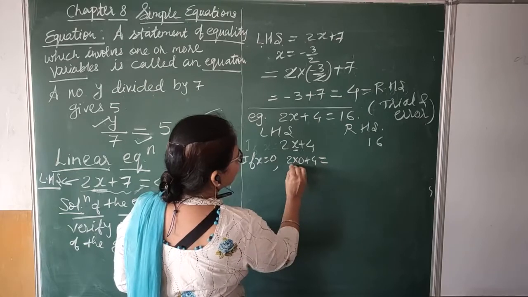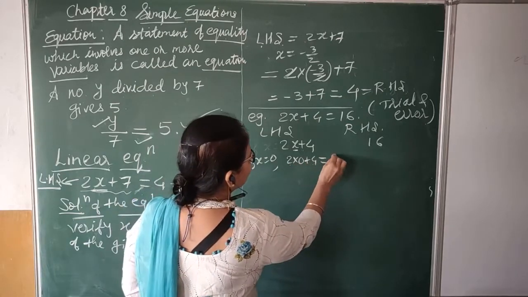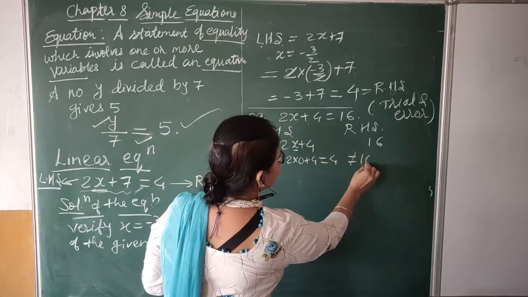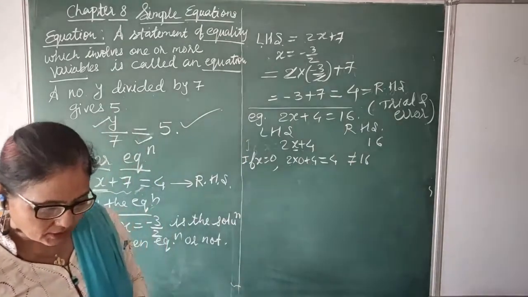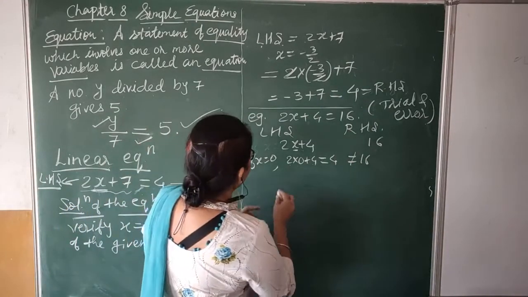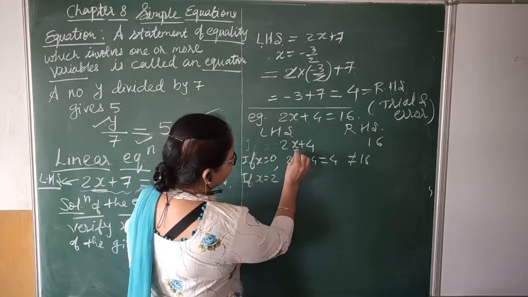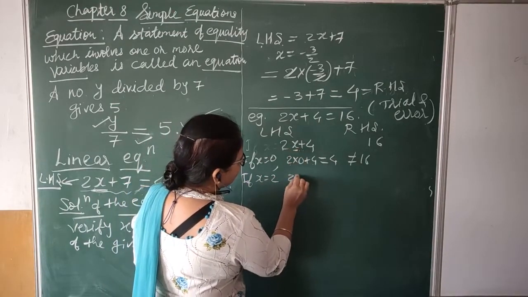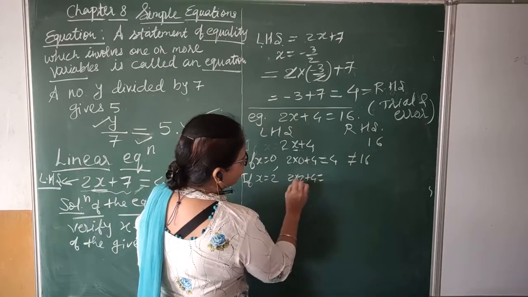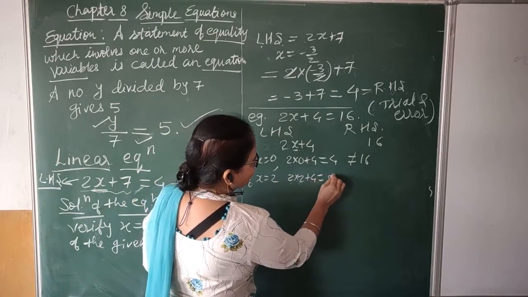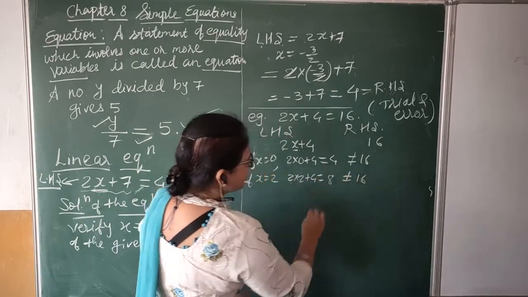Let's simplify. 2 into 0 is 0. 0 plus 4, 4. Is it equal to 16? No. Now let's try x equals 2. Put here 2 into 2 plus 4. 2 twos are 4. 4 plus 4, 8. It is again not equal to 16.